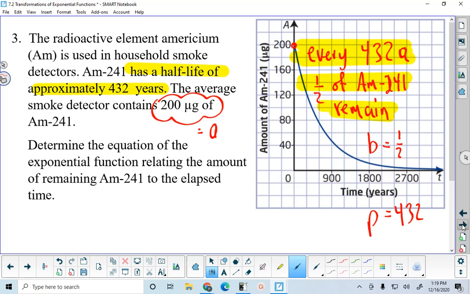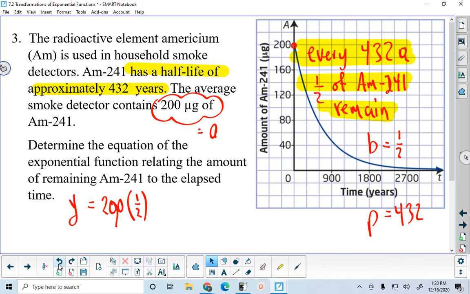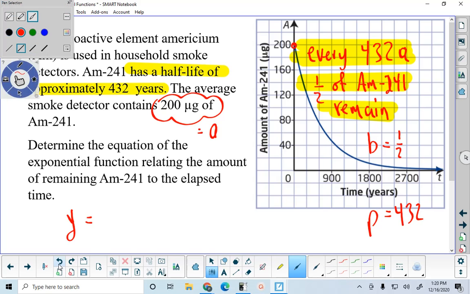So what's the equation? The equation is the amount of radioactive material left is the initial amount, 200, times 1/2 raised to the t over 432.